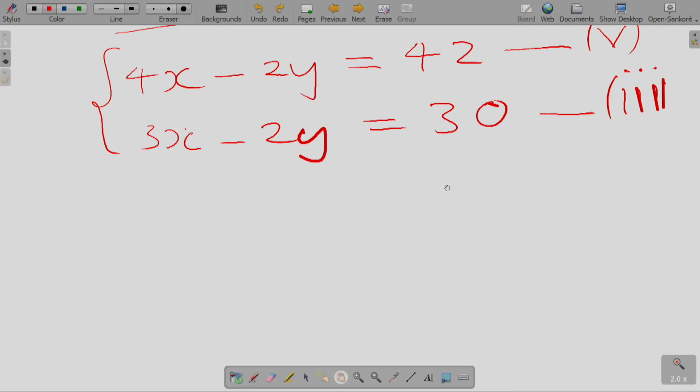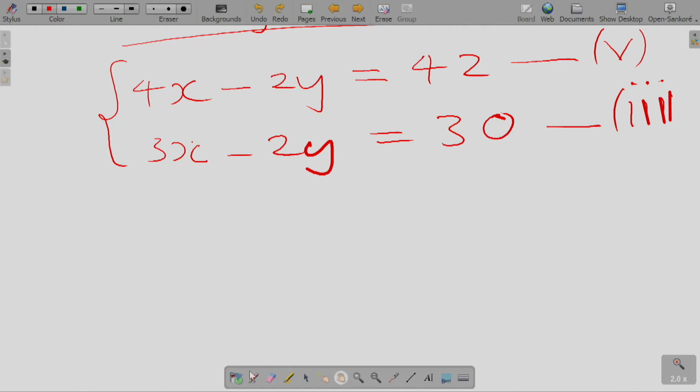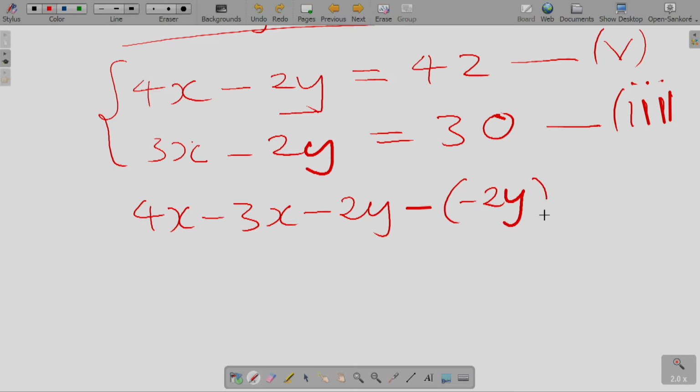So 4x minus 3x minus 2y minus 2y equal to 42 minus 30.